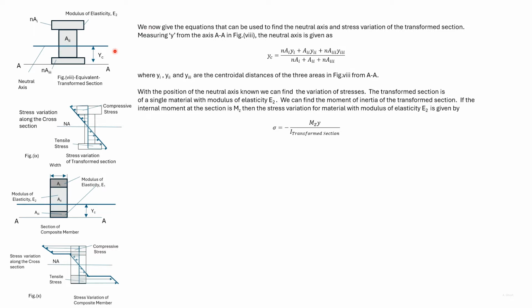The centroidal axis is also the neutral axis of the transformed section and also of the composite member. Knowing the moment acting on the section, we can find the variation of stress of the transformed section. Here, y is the distance from the neutral axis. This is the stress variation of the transformed section.